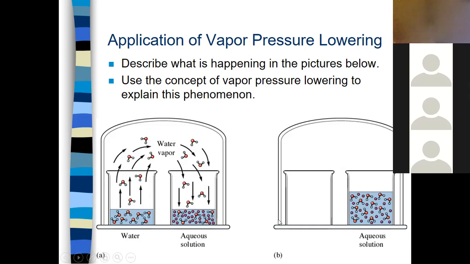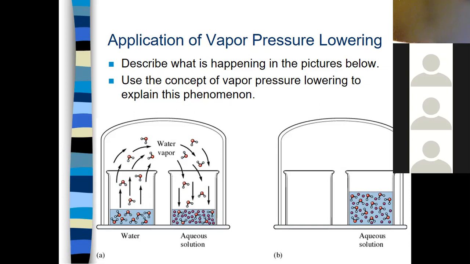Well, the solution's volume is going up because water keeps condensing in it. So the concentration in that beaker is going down, but it never goes to zero. It's always going to be a solution. Even though the concentration goes down, it's always going to be more concentrated than pure water, right?